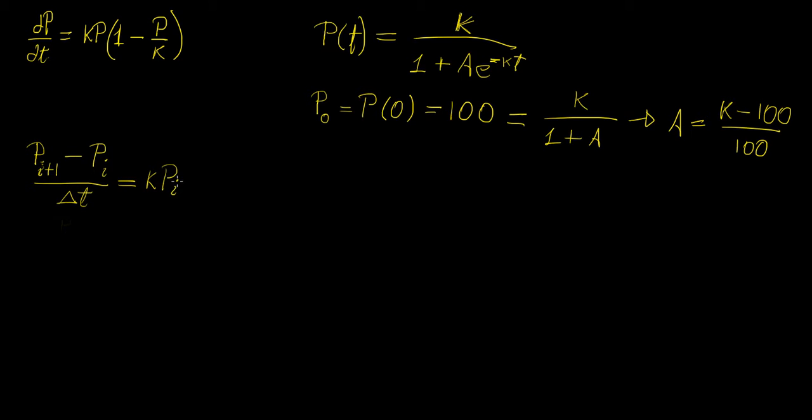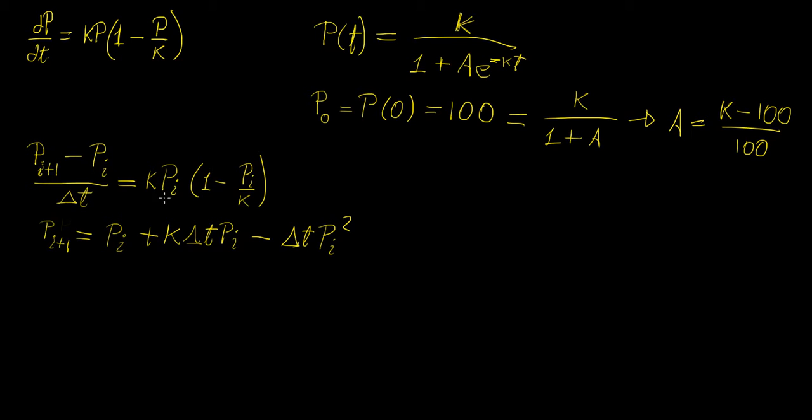Remember, everything else is going to have a subscript, so p i, 1 minus p i over k, and at this point it is better just to expand this out. We're going to solve for p i plus 1. That's the whole idea of setting up the equation like this. We're going to have p i plus k delta t p i minus delta t p i squared.